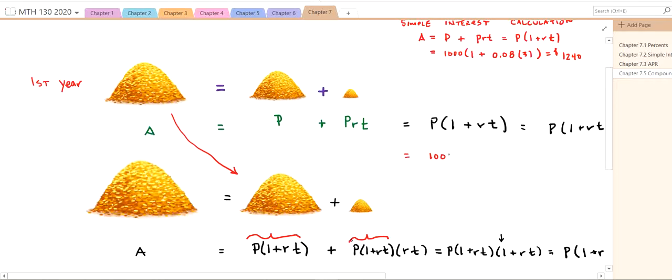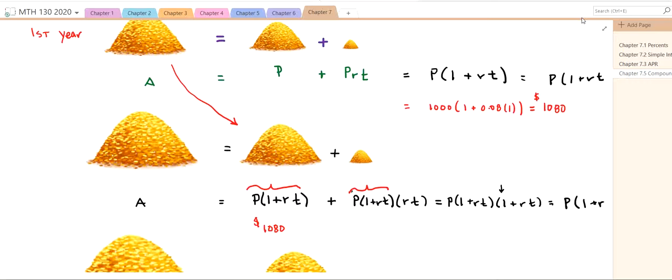We have 1,000 times 1 plus 0.08, except since it's only for a year, this is going to be 1 instead of 3, and our result here is $1,080.